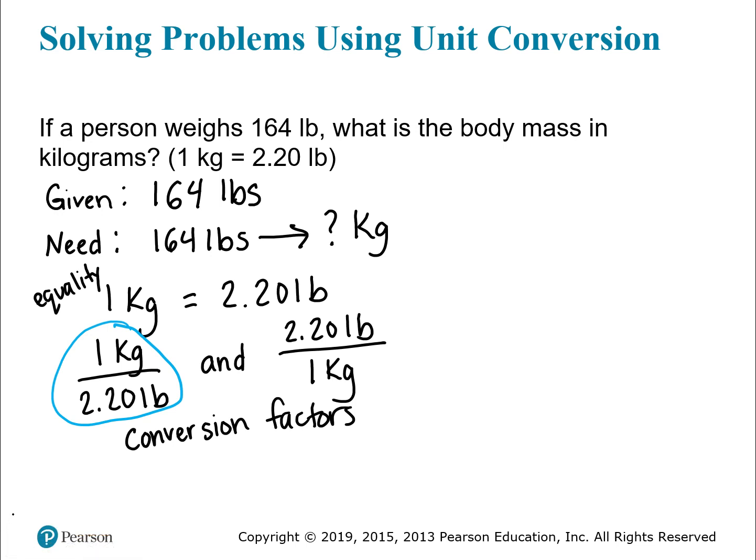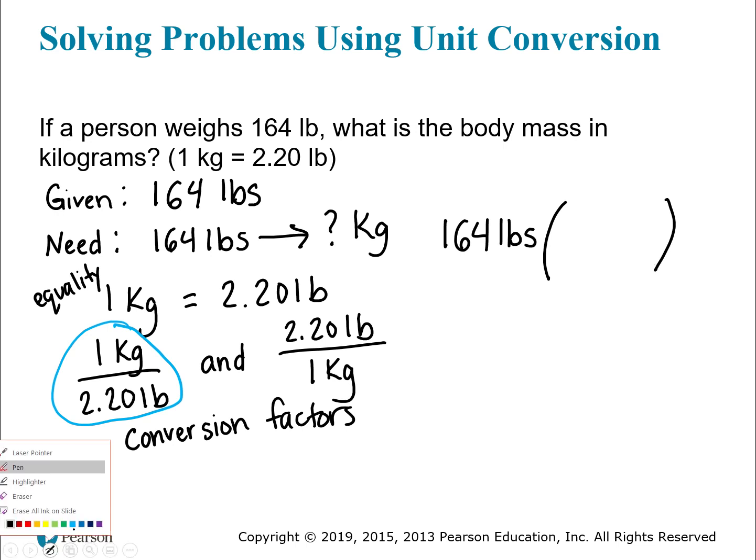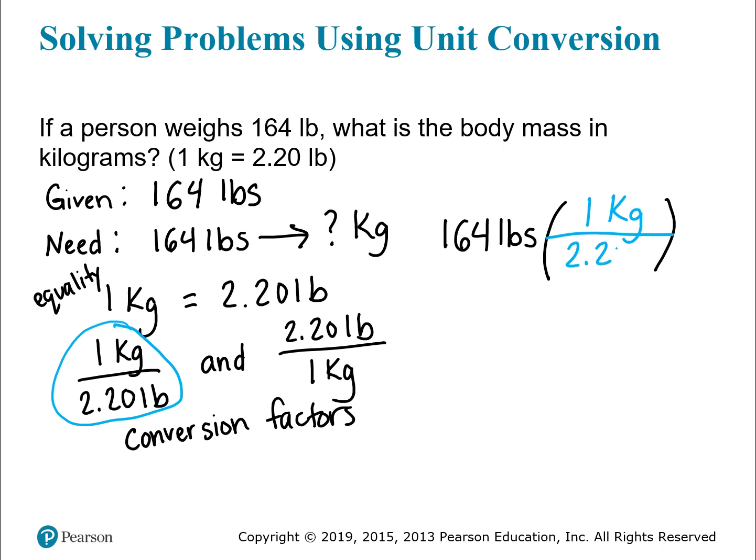Now let's set it up. 164 pounds times our conversion factor. I like to be colorful with this because then it helps it to stick. So we circled it in this powder blue, so we'll write it in powder blue so that you make the connection.